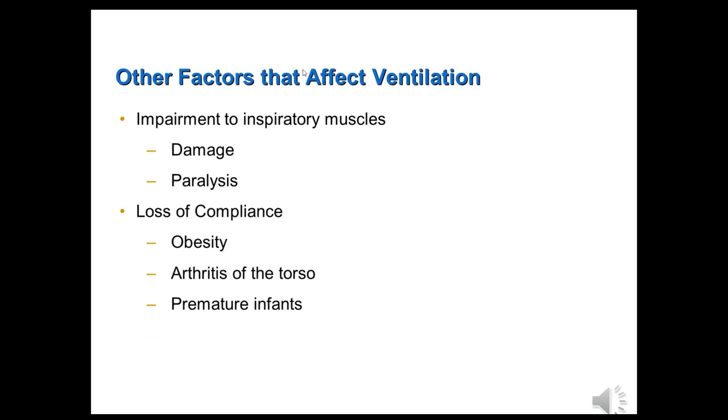All right, just a couple of things that can affect ventilation I want to mention, and then we'll end. Of course, paralysis, damage to muscles, damage to the nervous system. Obesity can decrease the ability of your thoracic cavity to stretch, arthritis. And of course, in infants that are premature, the lungs are often not completely developed.